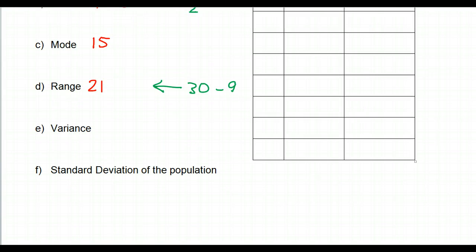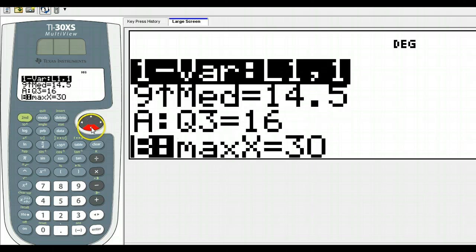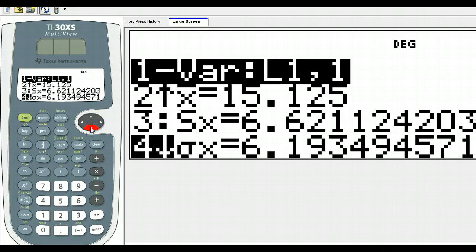Remember that the symbol for standard deviation is a lowercase sigma, which looks something like this. It's hard for me to draw. Alright, something like that is the symbol, a lowercase sigma. So keep an eye out for that as we scroll down. And here it is, item number 4. Now there's two different kinds of standard deviation.